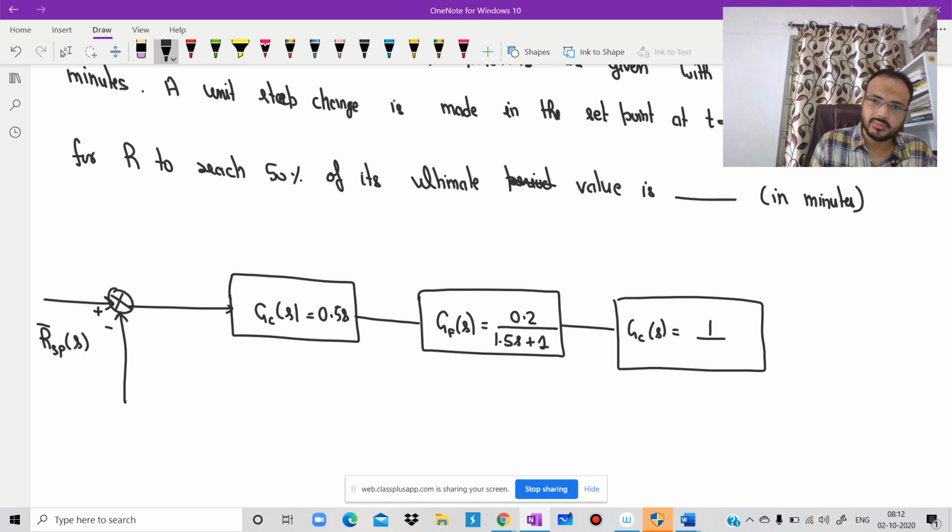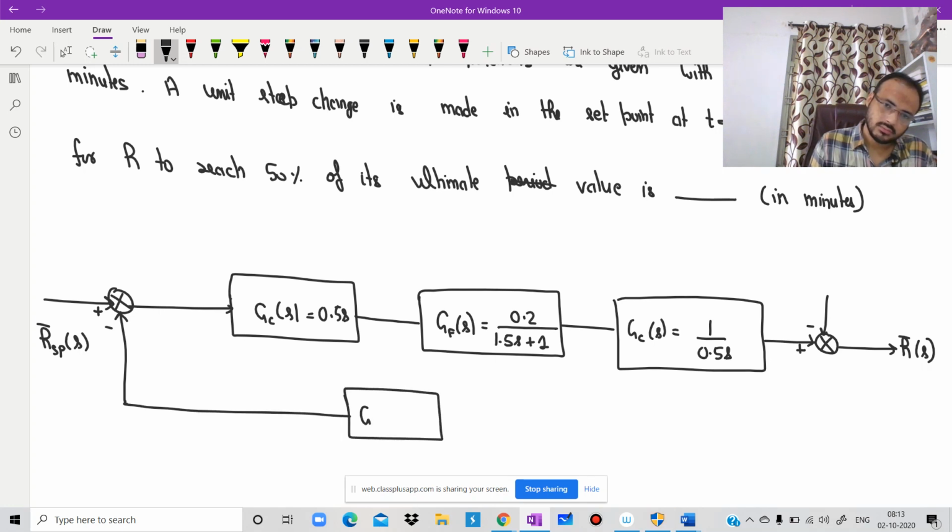Gc of s is equal to 1 by 0.5 s, plus minus, h bar of s, Gm of s.